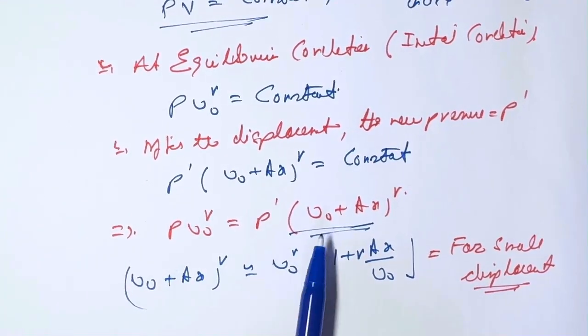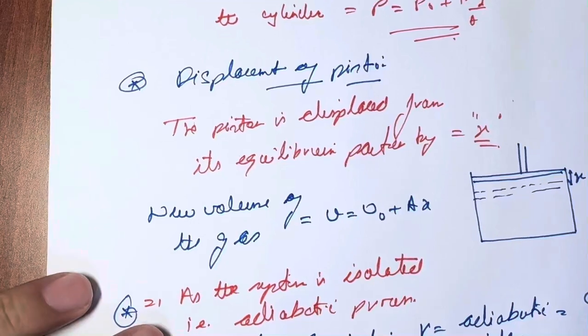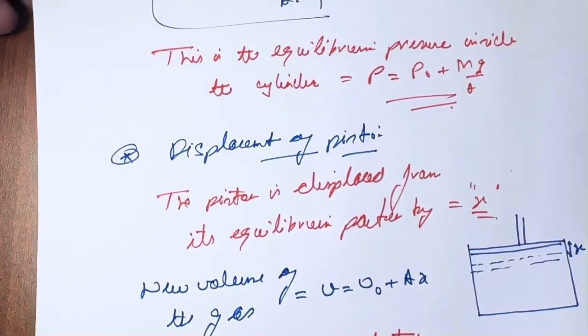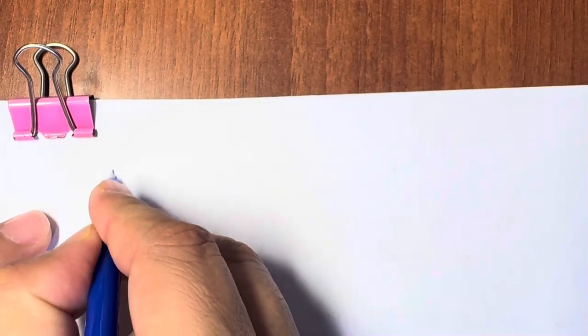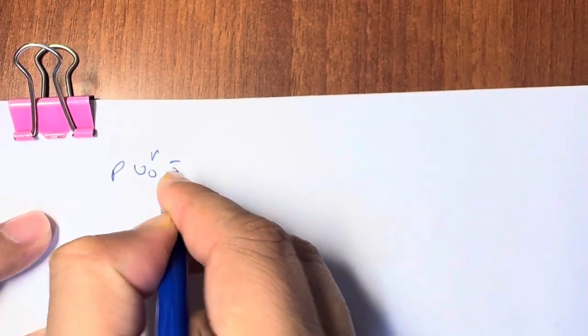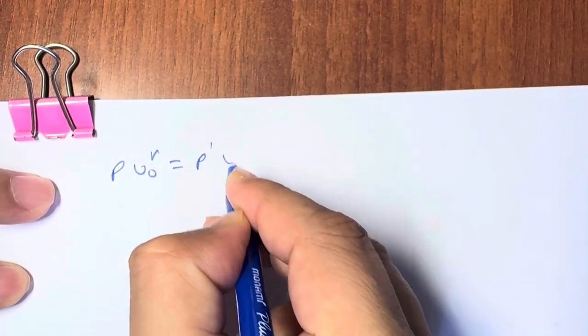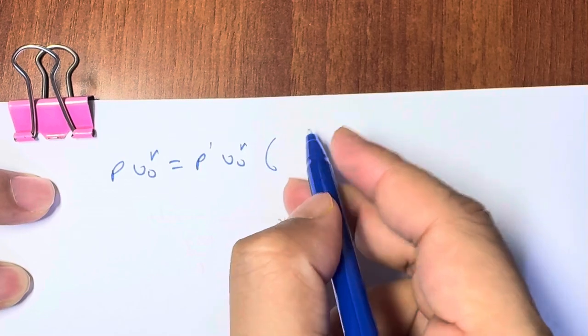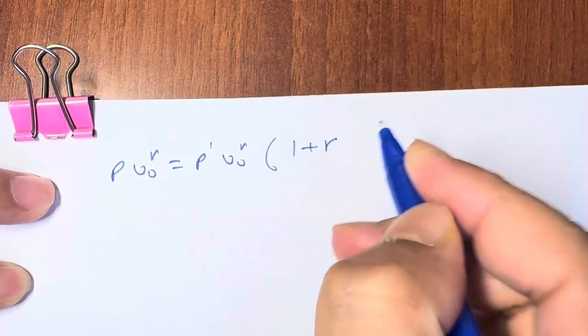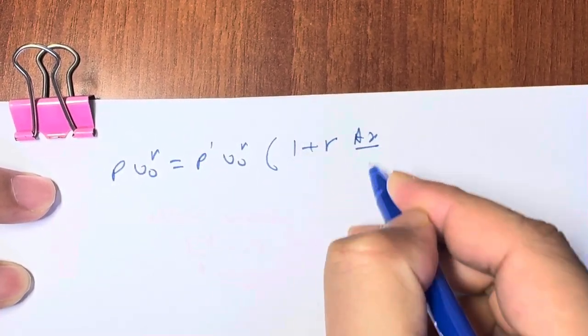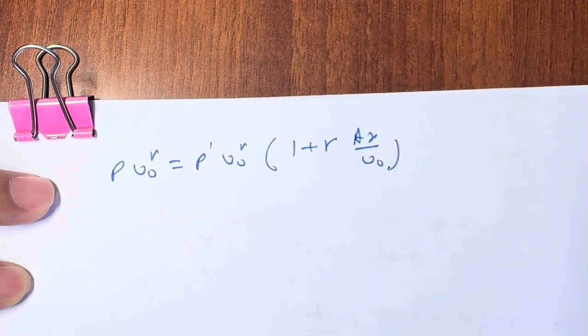So we substitute this value in the given equation. We can write P V naught gamma is equal to P prime V naught gamma times 1 plus gamma AX upon V naught.